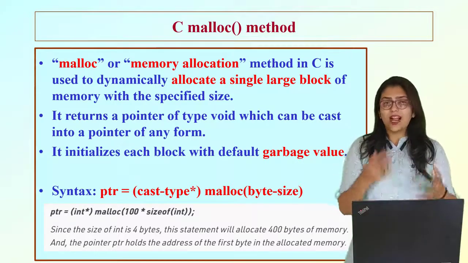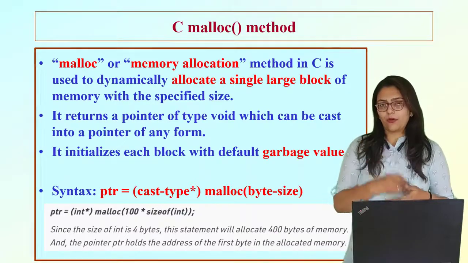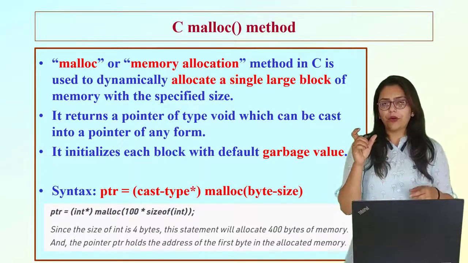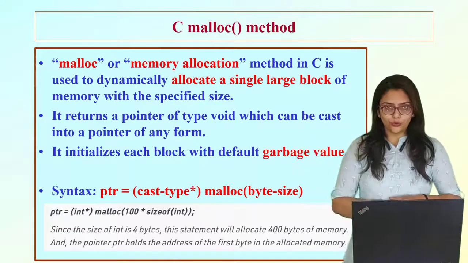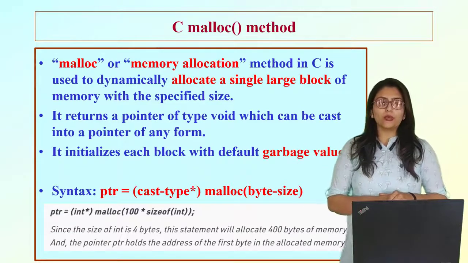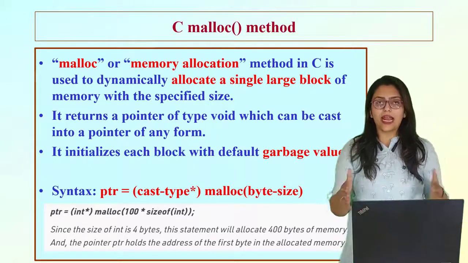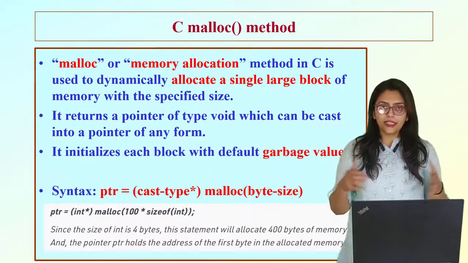Then after the cast type, that is the type of pointer, comes the name of the function, malloc, and then what size of block you want to add. Suppose I want to add a block to hold 100 elements of an integer array.